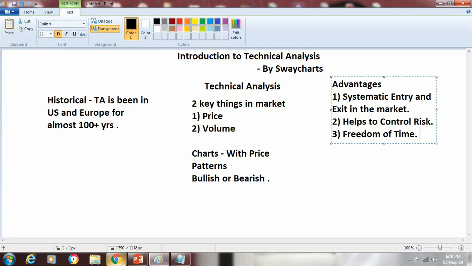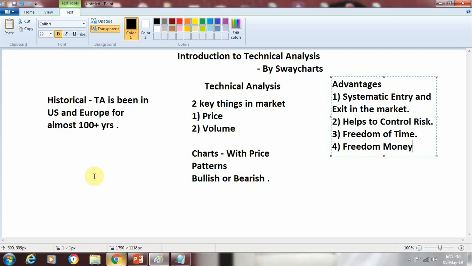With technical analysis, if you are able to do it with expertise and guidance, you will get freedom of time. And parallelly, you also get freedom of money, because if you are doing it systematically, you will always have good money with you, right? So finally, technical analysis helps us with systematic entry and exit in the market. It helps us to control risk. It also gives us freedom of time and freedom of money.